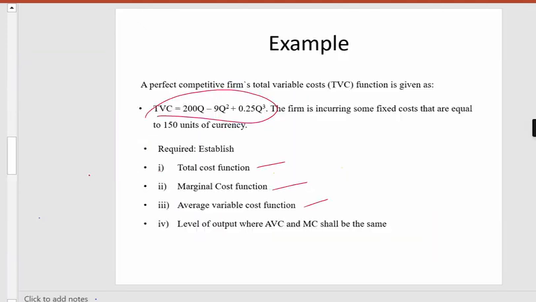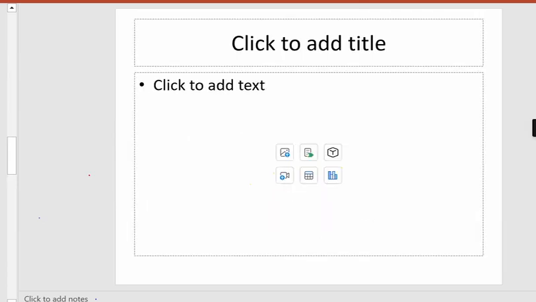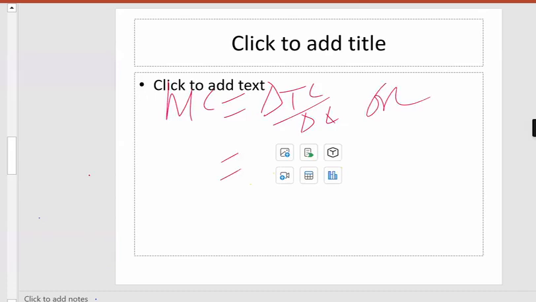Secondly, we are told to find marginal cost. We know marginal cost is equal to what? Change in total cost divided by change in Q. Remember, or you take the derivative of the total cost function, differentiating with respect to Q. There are two formulas. If you are given numbers, like in the table, it's very easy.